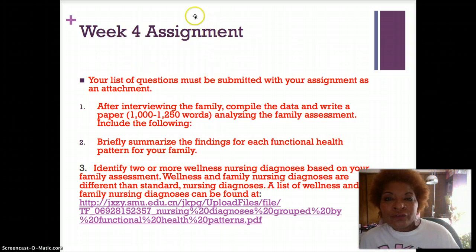And again, review what an open-ended question is. An open-ended question facilitates more information gathering from the client. Just saying, do you like to go to the doctor? That's a closed-ended question.